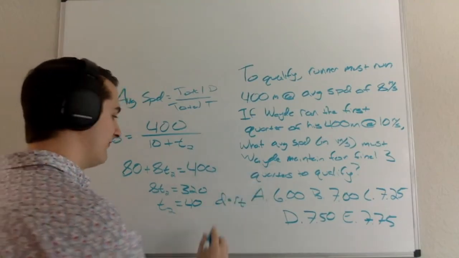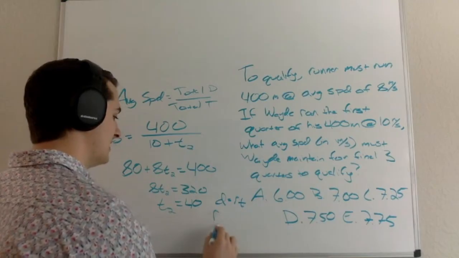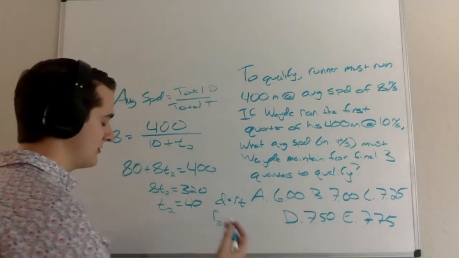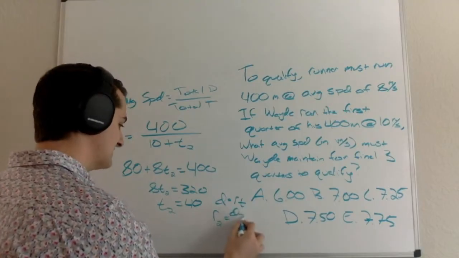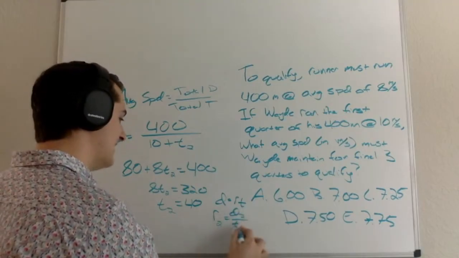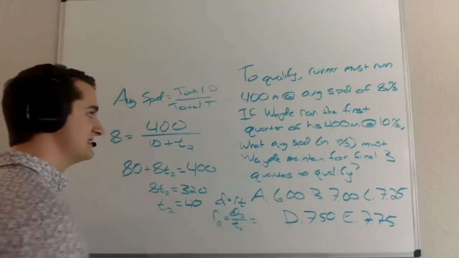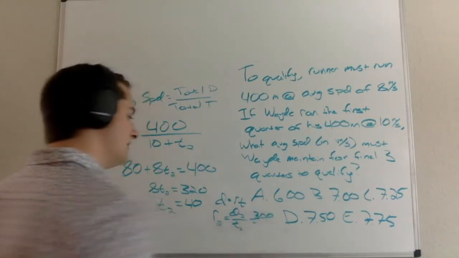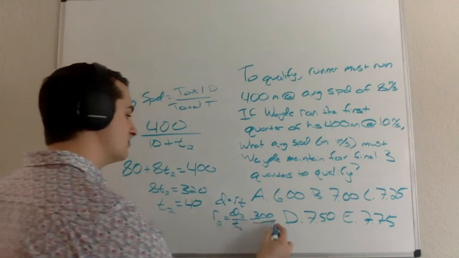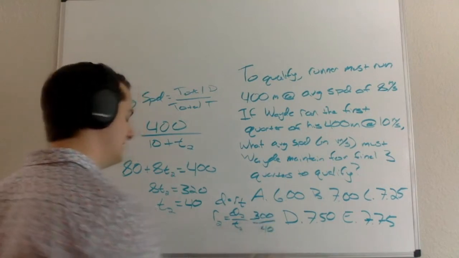I'm trying to solve for the rate here, so my second rate, r sub 2, is equal to my second distance over my second time. My second distance is the final 3/4, so that's 300 meters. My second time is going to be 40 seconds.